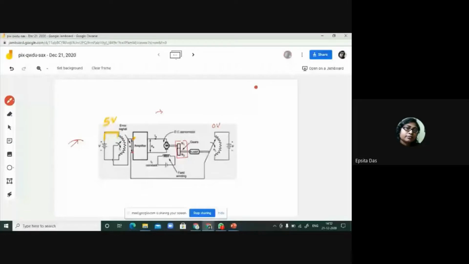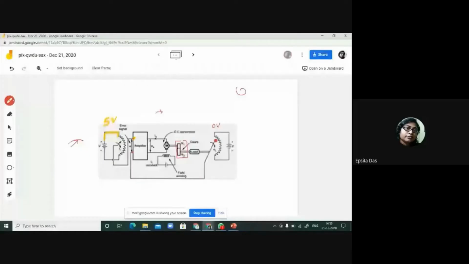Because this 360-degree motion should be converted into this angular motion. For that, we have taken a gear train arrangement, and depending upon that, this load, that means this spindle, is actually moving. As the motor rotates, depending upon the value of EMF, and due to the gear train arrangement, this spindle is going to move its position.